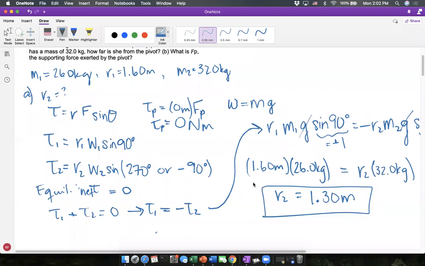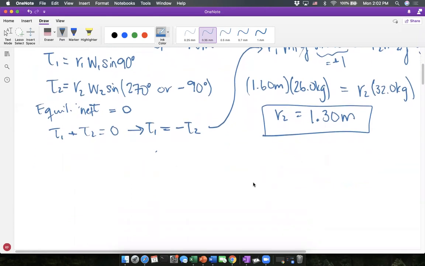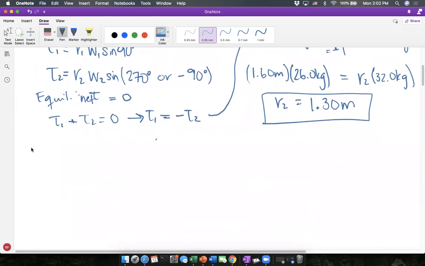Okay, so what we will need to do is maybe draw this out in a simple way real quick. So remember that we have this idea, FP, which is what we're looking for.